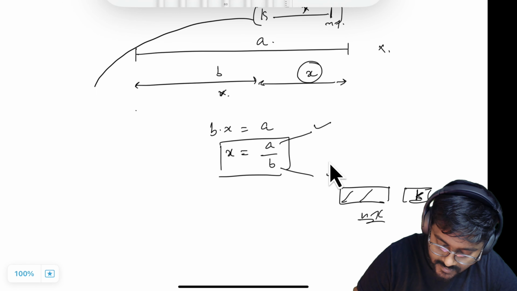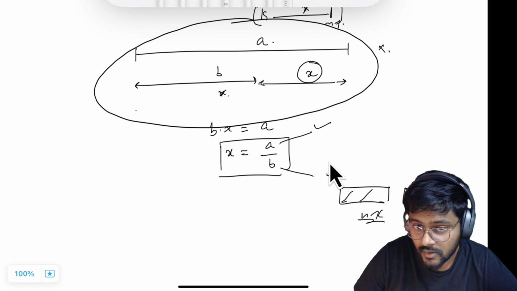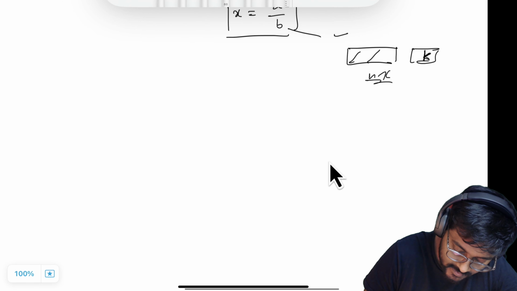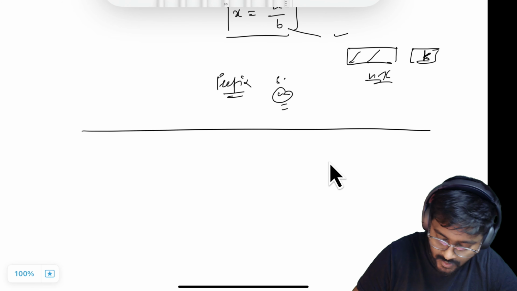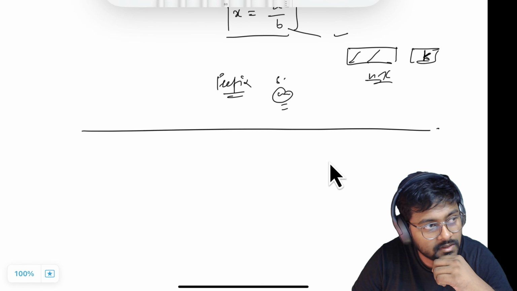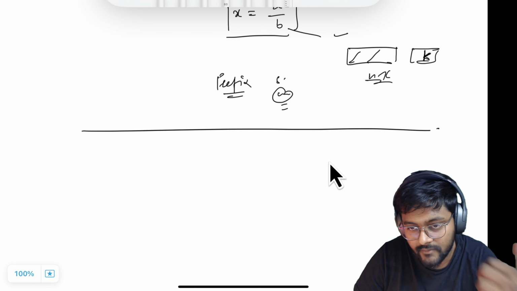We have to utilize the pre-processing of prefix. This is not sum, this is multiplication. So if we have prefix multiplication, I will definitely get the answer. In this case, we just have to check one thing about the corner cases.